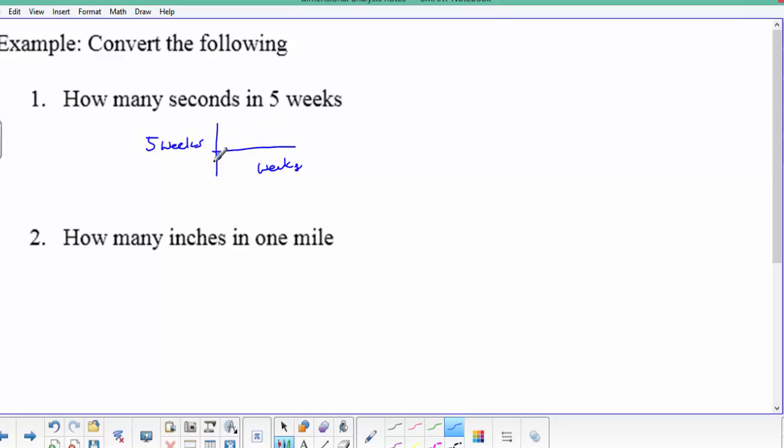So we have to figure out where we go. We're going to go from weeks to seconds. So let's think weeks to days to hours to minutes to seconds.